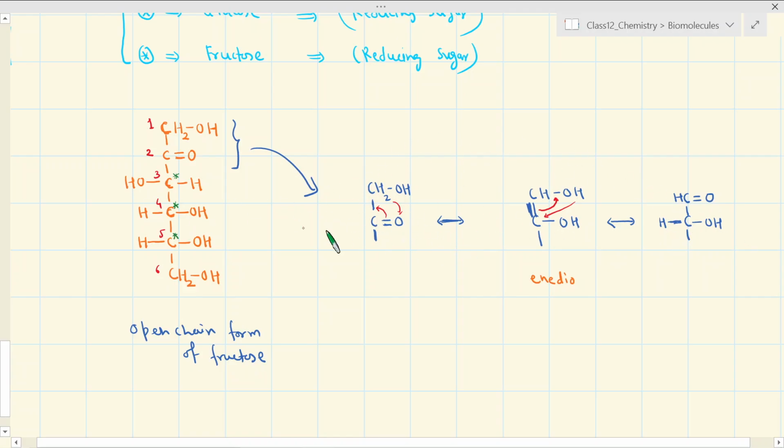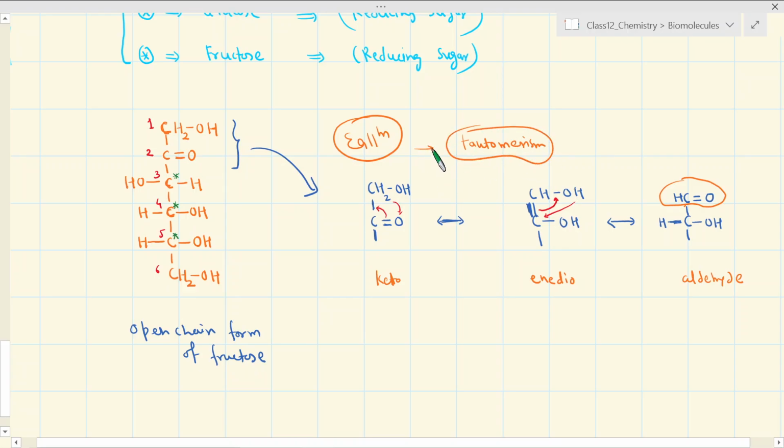Actually speaking, fructose even in open chain structure exists in these kinds of multiple forms, and here you have formation of an aldehyde group. You can see that it's basically the keto form to the aldehyde form on the first carbon. So this equilibrium exists, and the process is tautomerism again.